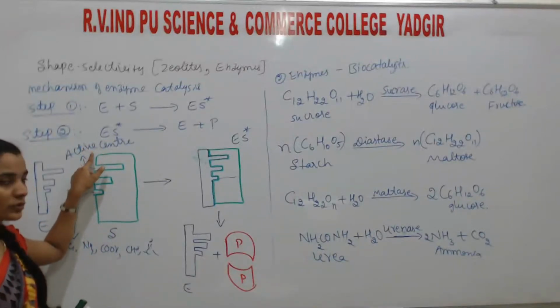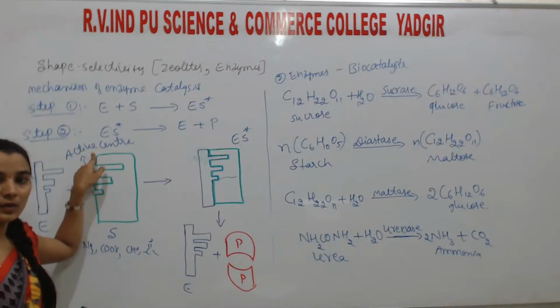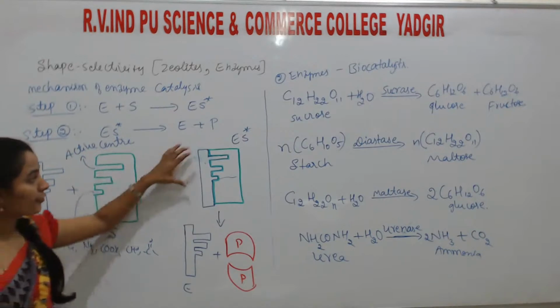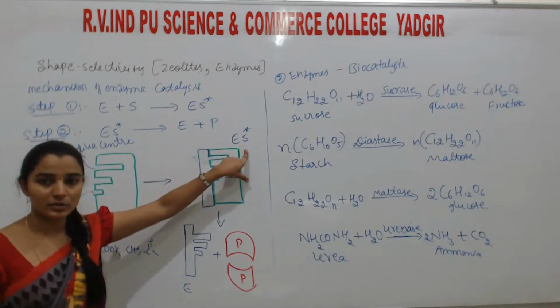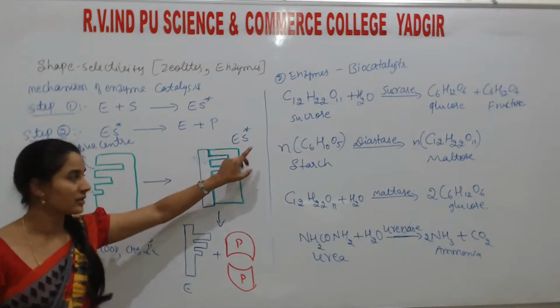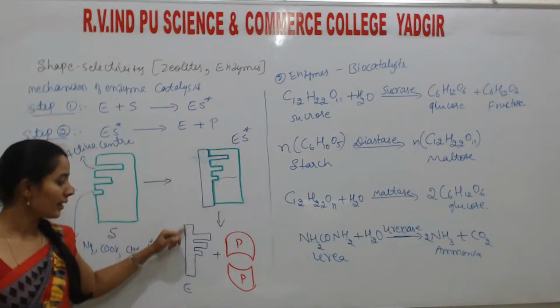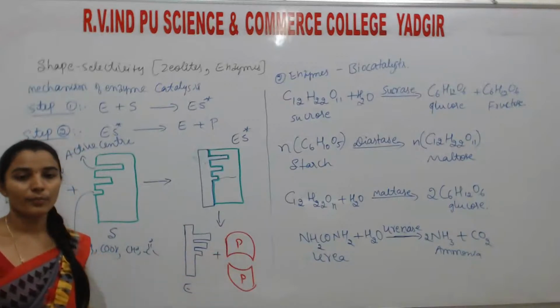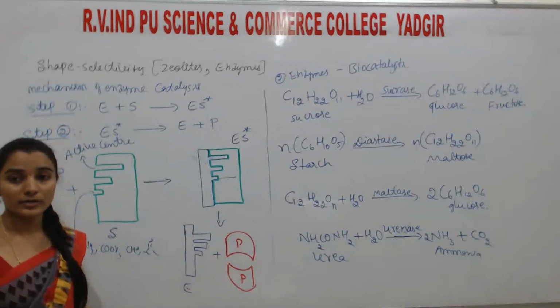These are called active centers where space is available for the adsorption of this enzyme. Then they fuse together to form the ES complex, that is the activated complex. The reaction takes place and the enzyme, as it is a catalyst, is regenerated and they form products. This is the mechanism.